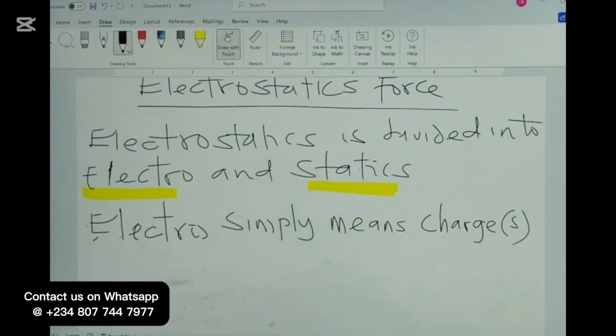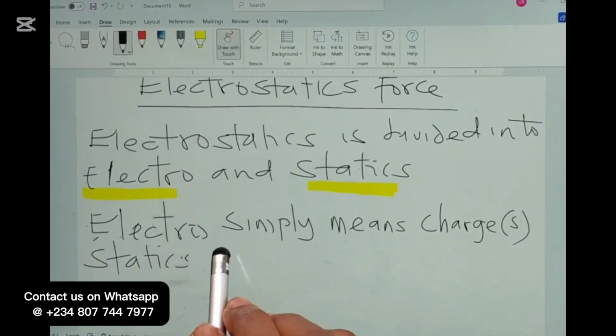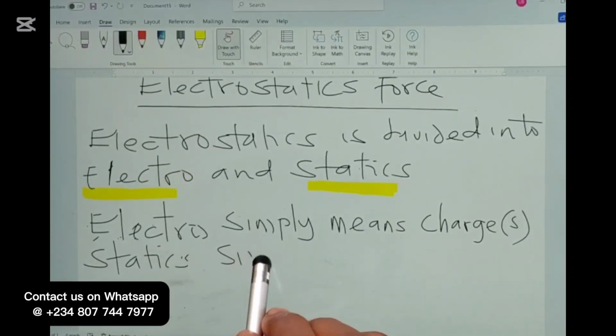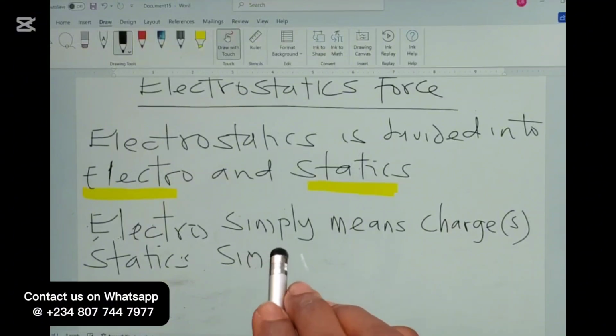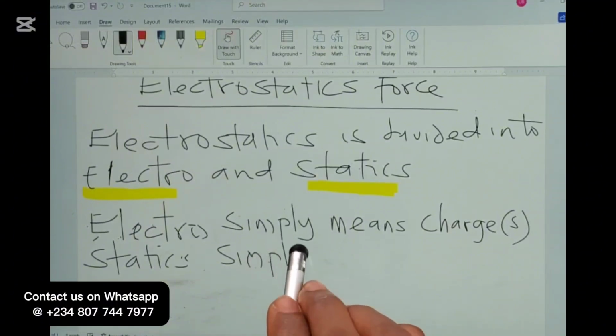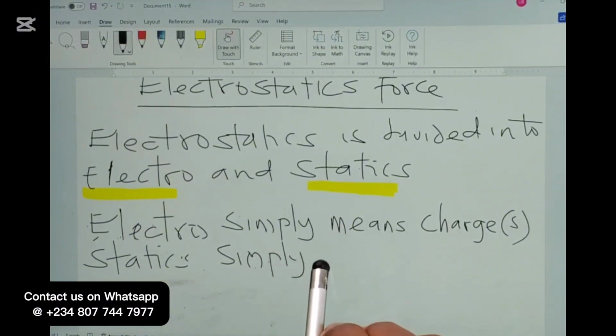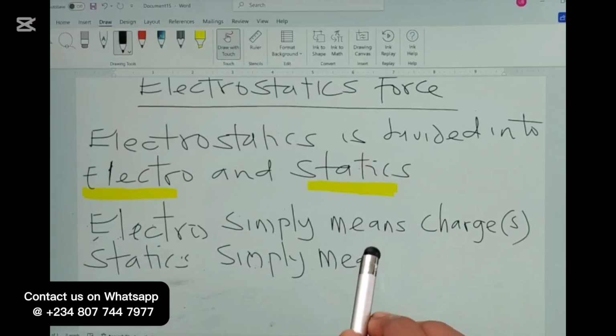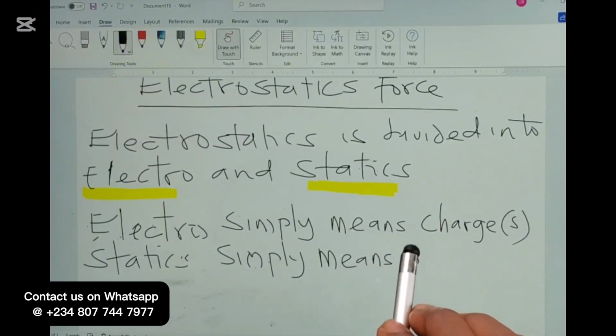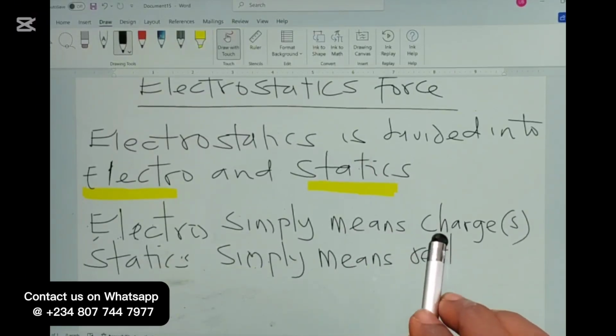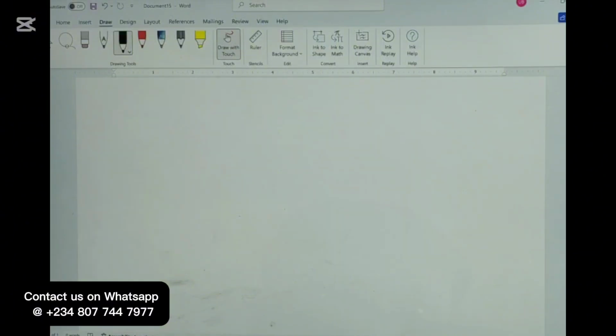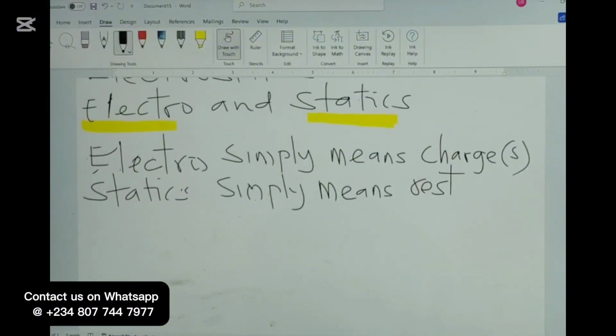Please take note. So statics simply means rest. Statics simply means rest.